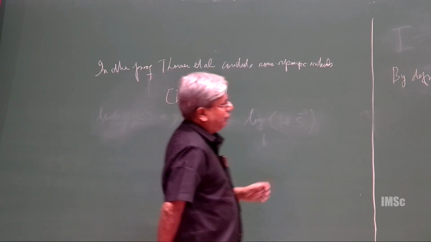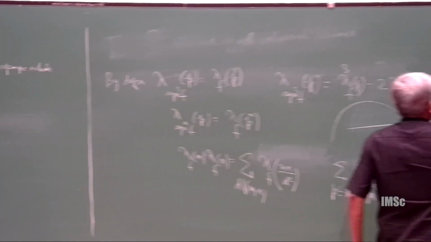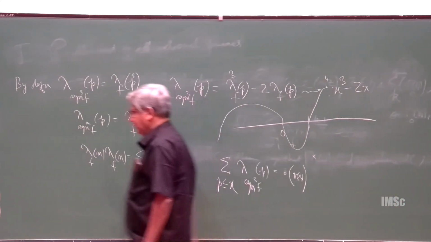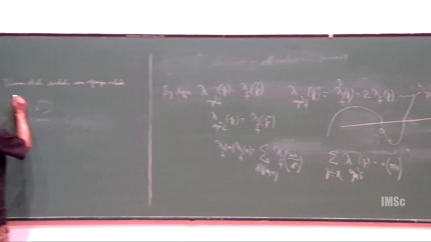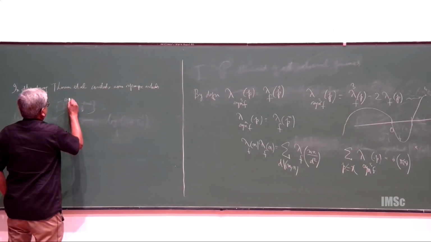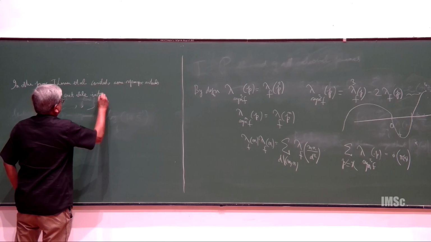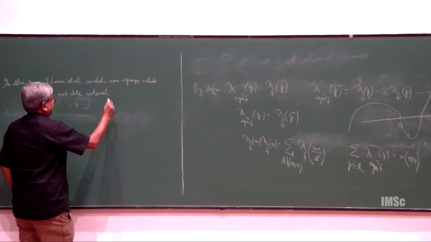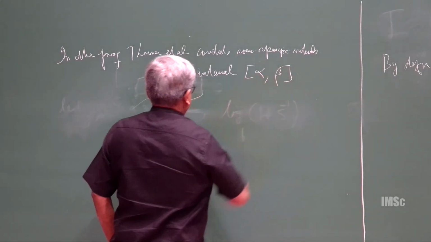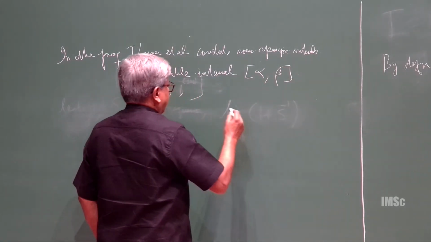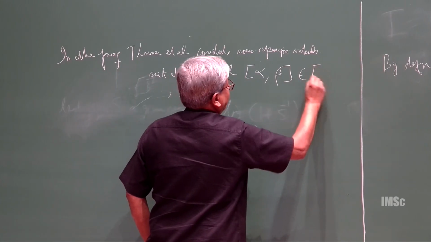So here what you have to do is take the inverse image of this, because this is lambda f. Now you want lambda in some suitable interval, say alpha beta, belonging to, since this is odd, let's put 0, 4.